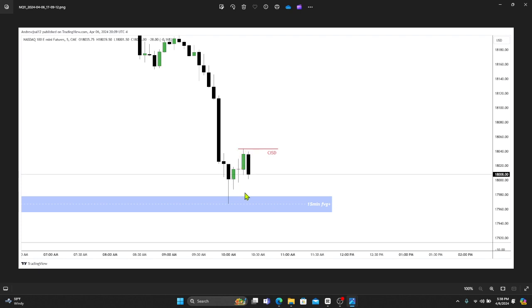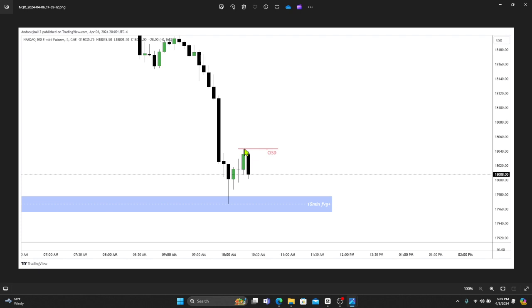If price is going to change from bearish to bullish, we want to see clear disrespect and clear momentum to the upside above the swing high to show confirmation that price is going to reverse. So this up-close candle was the last up-close candle to tap into a bearish PD array.